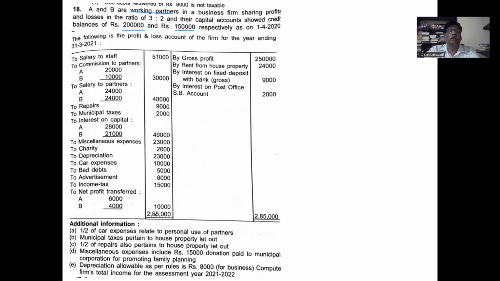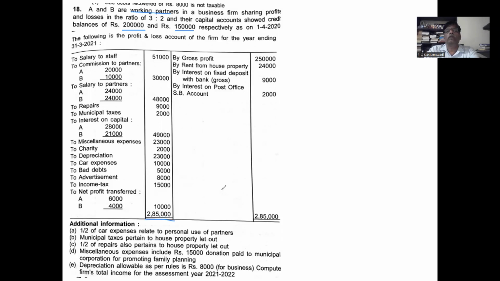So regarding the P&L account, you take net profit. Net profit in the P&L account is 2,85,000.